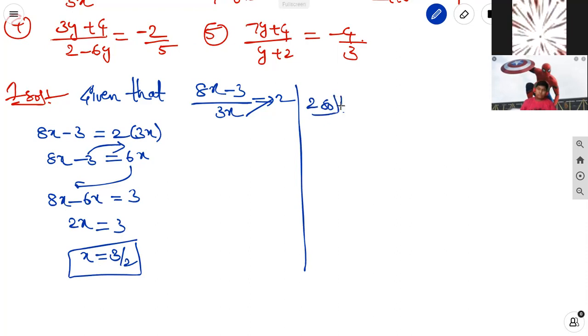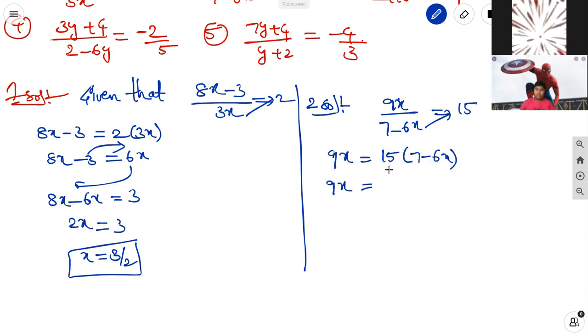The second problem: 9x/(7 - 6x) = 15. It is also by cross multiply. 9x = 15 into (7 - 6x). 9x equals, by the distribution, 15 sevens are 105 minus 15 sixes are 90x.